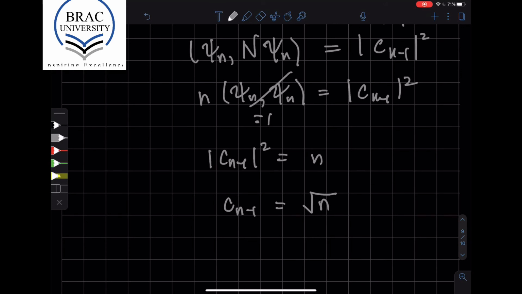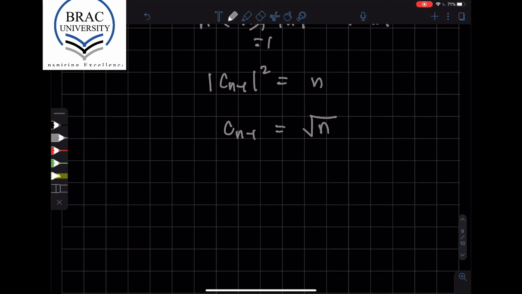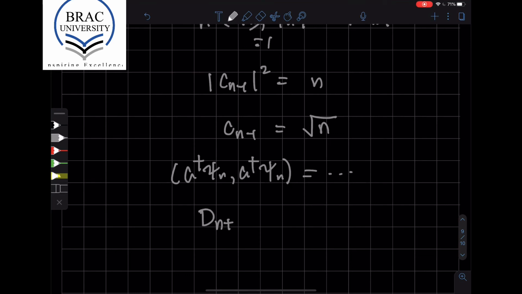In a similar way, by considering a dagger acting on psi n and taking its inner product with itself, evaluating this in the similar way, we can find what d n is. So d n plus 1 is going to be square root of n plus 1.